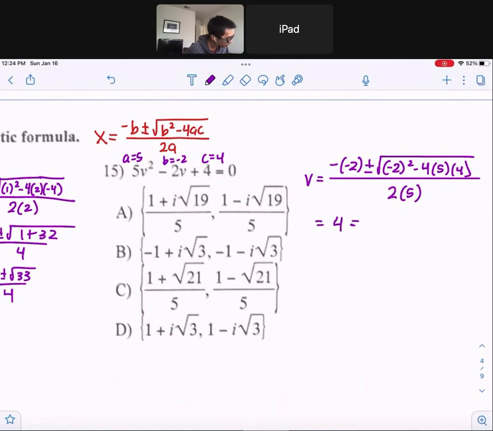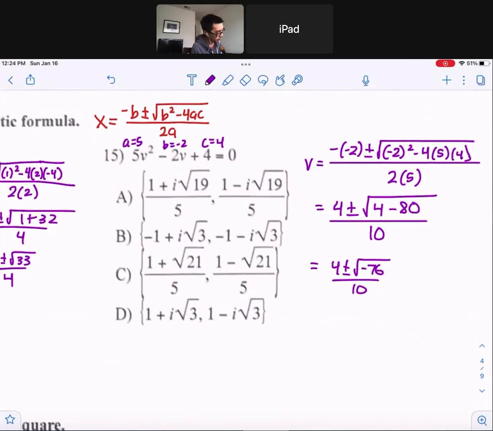Negative negative 2 is 2, plus or minus, negative 2 squared is 4. Negative 4 times 5 times 4, you guys, that is negative 80, all over 2 times 5, which is 10. So you got 2 plus or minus the square root of negative 76, all over 10.